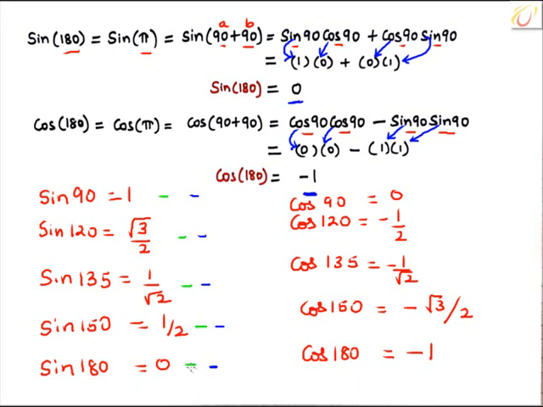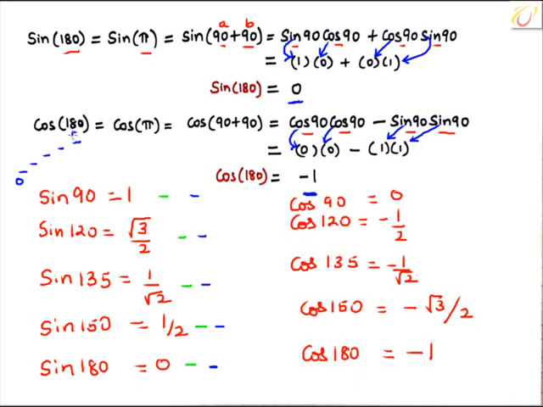So if we want to better picturize this, can we say that when sine goes from 0 to 90, the value increases, something like this. So this is 0, then half, 1 upon root 2, root 3 by 2, 1.